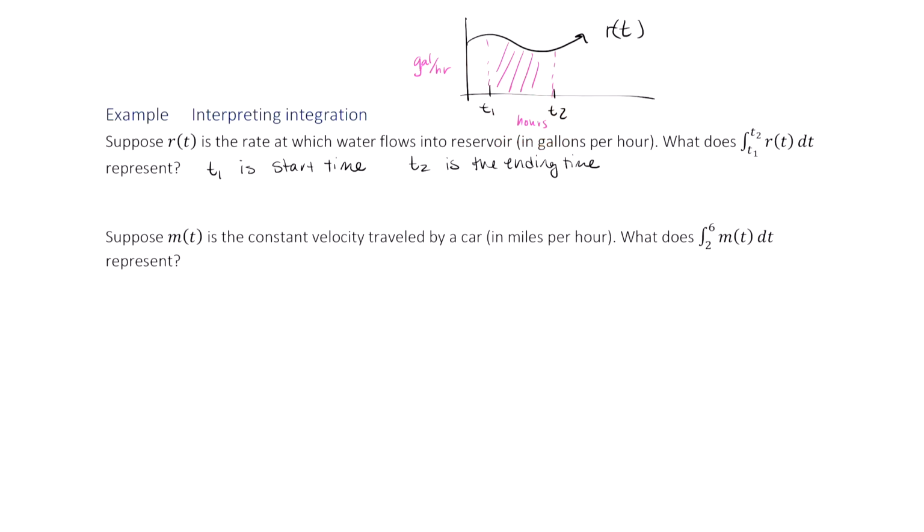So let's think about that. That's going to leave us with just gallons. This tells me that this integral here represents the number of gallons that have flown into the reservoir between T1 hours and T2 hours.